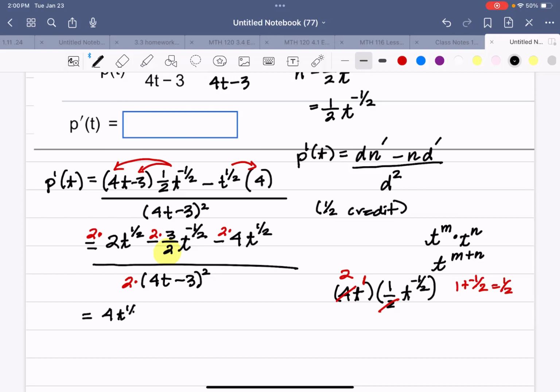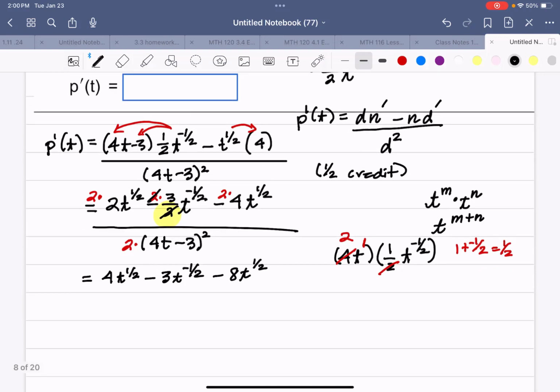4t to the 1/2 minus 3t to the minus 1/2, right? Because this 2 and this 2 cancel out. That was the whole point of multiplying by 2. Minus 8t to the 1/2. All of that is over 2 times 4t minus 3 squared. Okay?